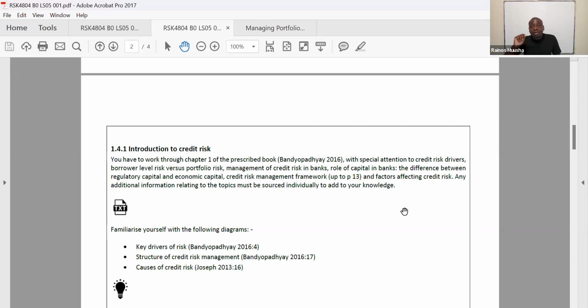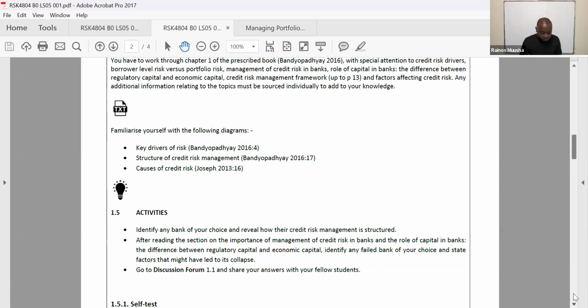Because usually from Bandyopadhyay or Whitney, the lecturer is trying to skim out only the relevant information to the curriculum. So please make sure that you take note of that. Here in Bandyopadhyay, we need to cover everything up to page 13. So this is what they are asking us to take note of.